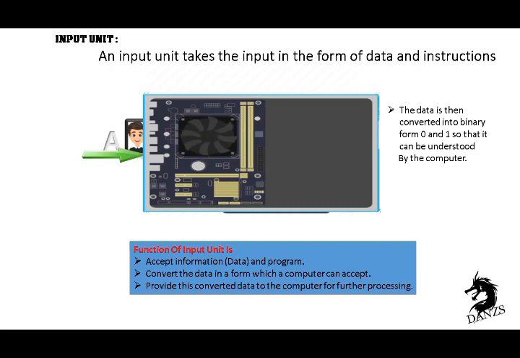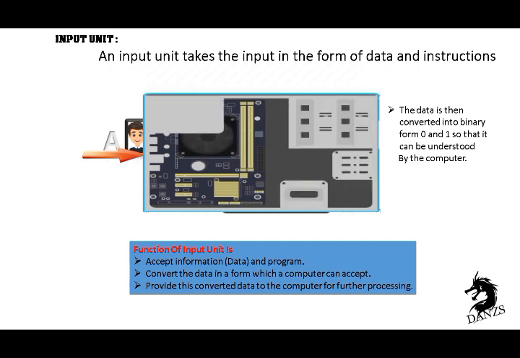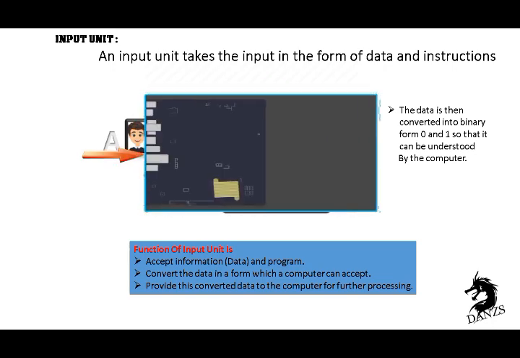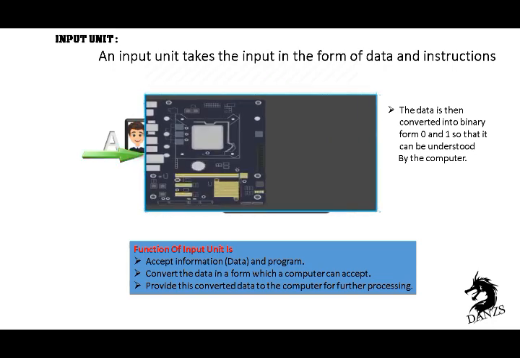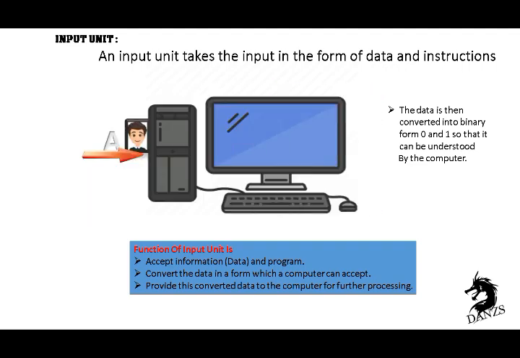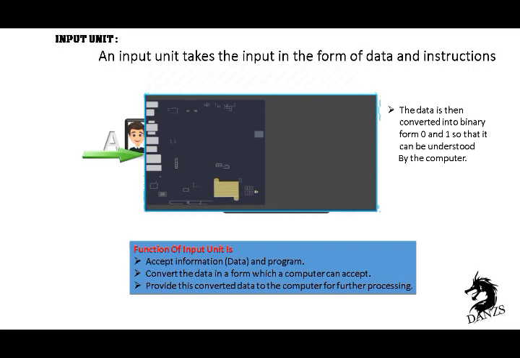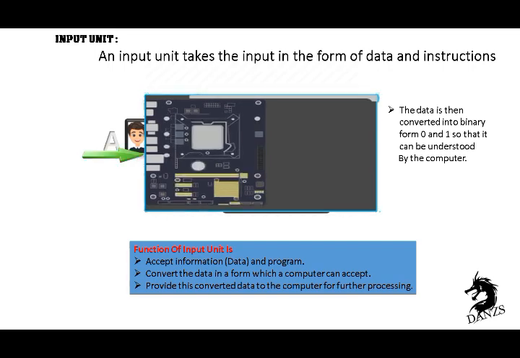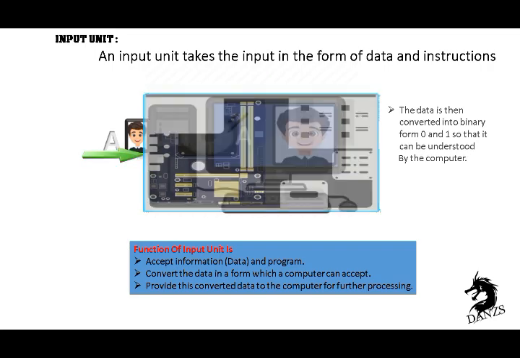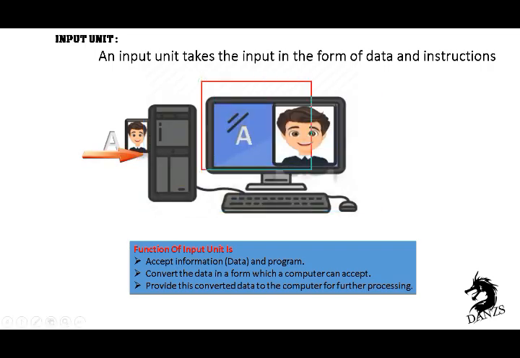As we all know, computer doesn't understand English, Chinese, Hindi, Assamese, whatever language. Computer understands only its own language. So the computer takes the data, converts it into binary, and finally shows the result as output on the monitor screen. The monitor is an output device.